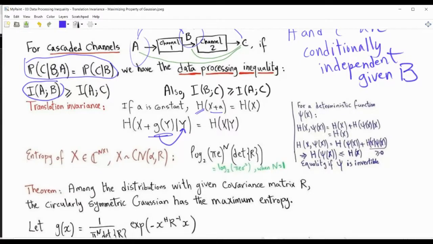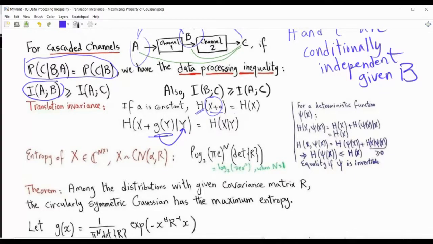Adding a constant to x is a bijective function. Do you agree? The function takes x to x plus a. It's an invertible function. It takes every x to some x plus a and vice versa. So actually, this property is for any bijective function.